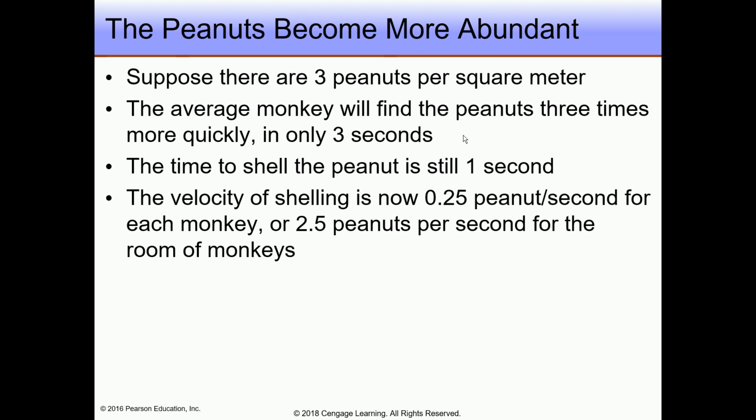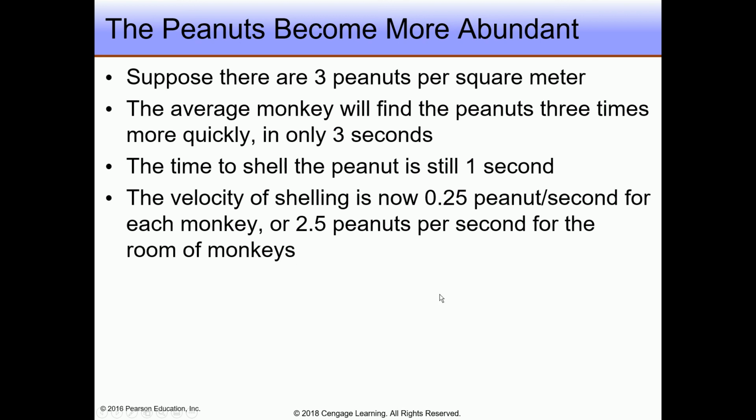So which means that the rate of shelling is now 0.25 peanut per second, and because we have 10 monkeys, the rate of shelling is 2.5 peanuts per second for all the 10 monkeys we have.